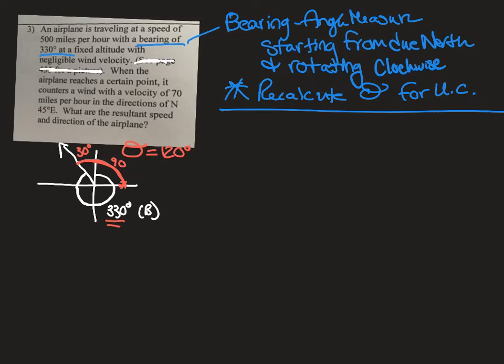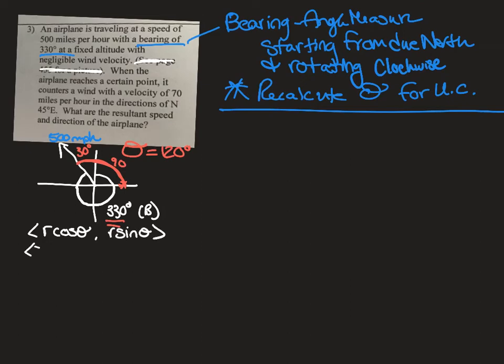And it says that my airplane is traveling 500 miles per hour. So let's find the component form of this vector. So I'm going to do the magnitude, or my radius, cosine my theta, comma, my radius, sine my theta.